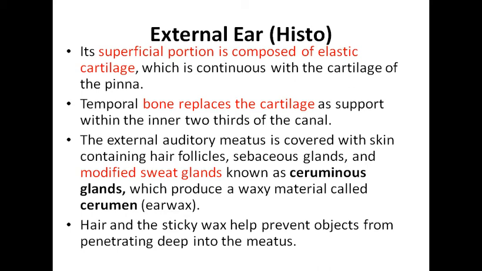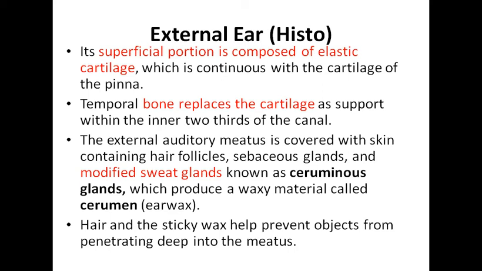The external auditory meatus is covered with skin containing hair follicles, sebaceous glands and modified sweat glands known as ceruminous glands. If you remember, अभी previous slide जो हमने देखी है उसमें मैंने ceruminous का नाम लिया था, remember. So these ceruminous glands are modified sweat glands which produce waxy material known as cerumen. ठीक है, ear wax जिसे कहते हैं.